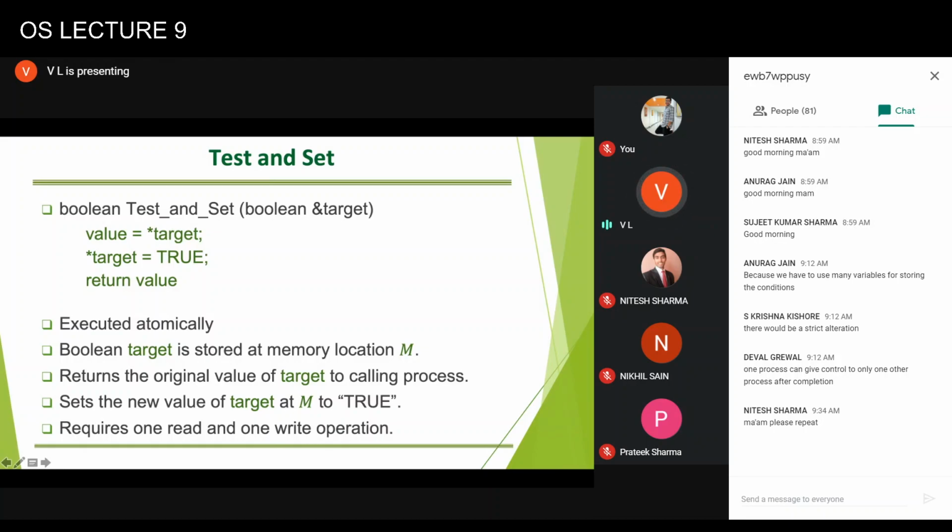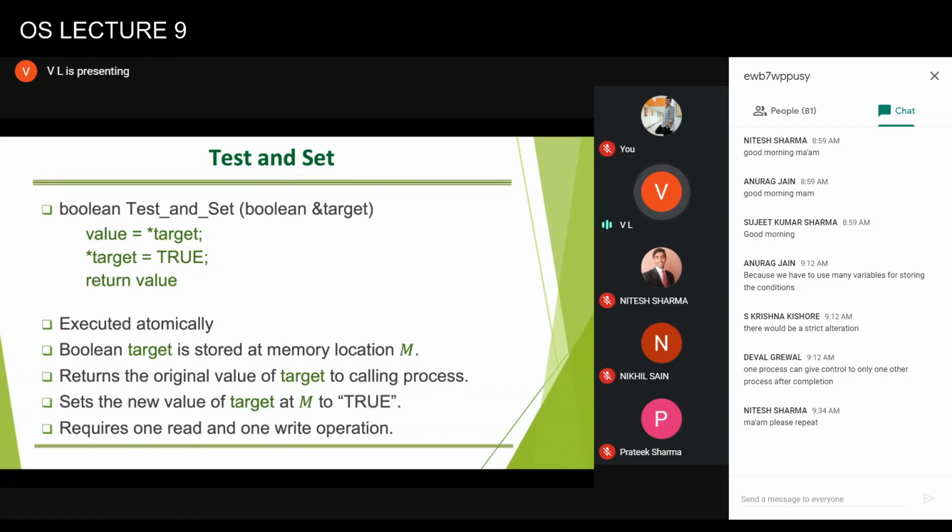Then that memory location is set to true and the old value is returned. So basically it is reading a Boolean value from the memory, setting it to true, but returning the old value to the calling process. If the old value was false, the process which executed this instruction will receive false. But if the old value was true, the process will receive true.